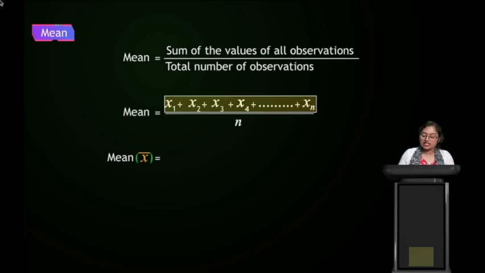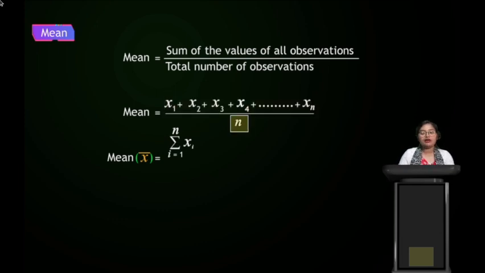So x bar is equal to summation i equals 1 to n of xi divided by n. So this is the formula for the mean. So what does this i represent here? It is the index. It can take the values from 1 till n.